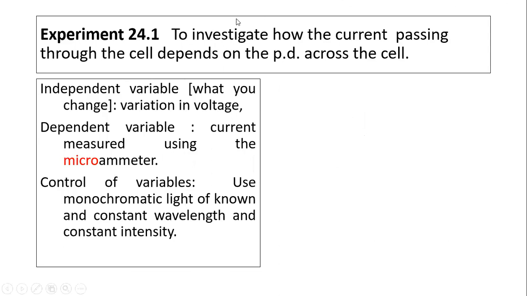Okay, so that's our aim, to investigate how the current passing through the cell depends on the PD across the cell. The independent variable, what you change, is the voltage. The dependent variable is the current measured using the microammeter. Control variable, what we keep constant: use monochromatic light of known and constant wavelength and constant intensity.